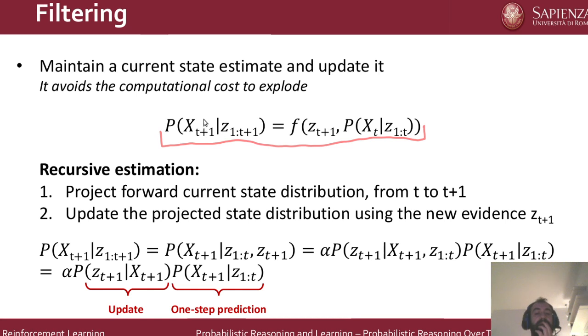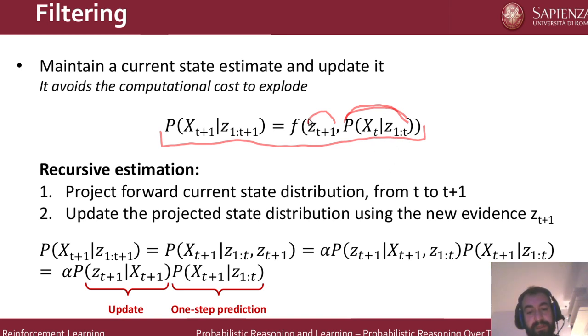So if we want to estimate the state at t plus 1 given all the observations from 1 to t plus 1, then this is nothing else than performing a filtering process that incorporates the last new observation at t plus 1 and takes into account the previous state estimate. So as you can see here, we're using a recursive formula where this is the previous state estimate, right, at time xt, given all the observations from 1 to t.